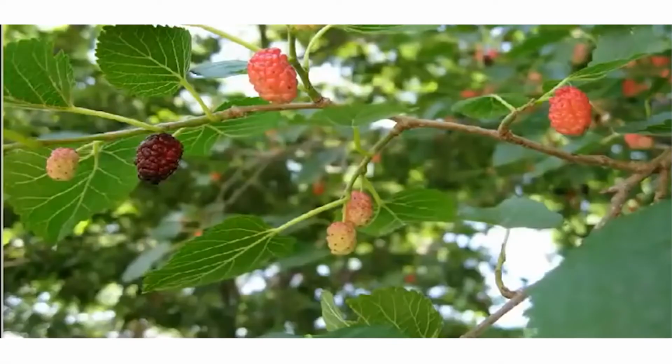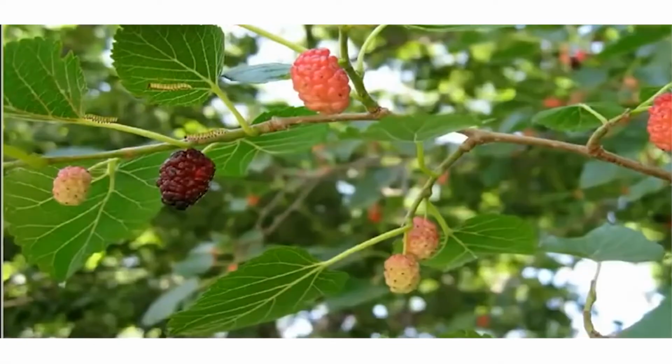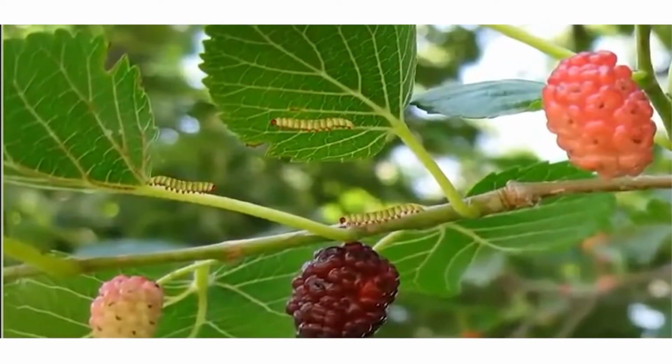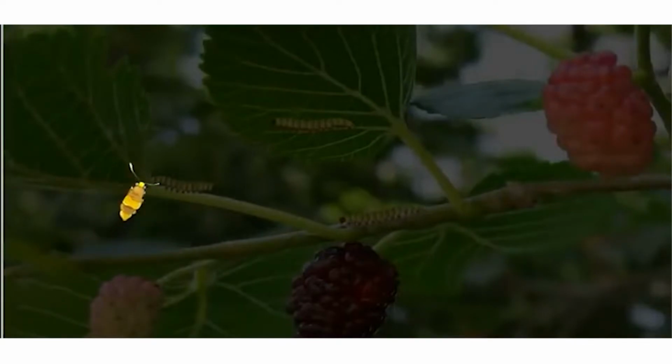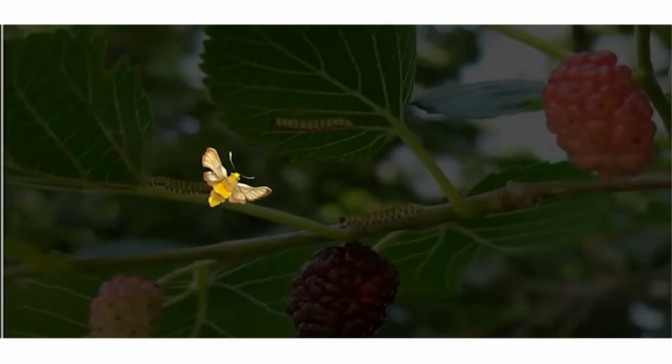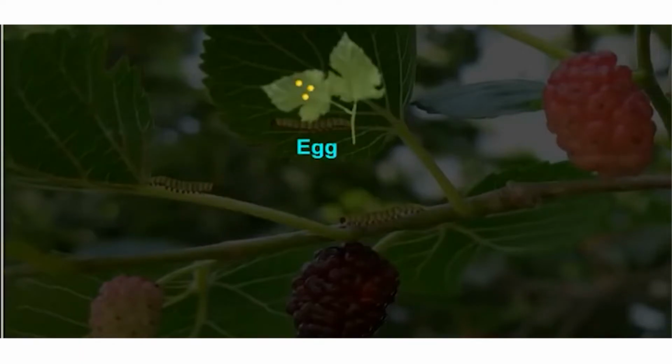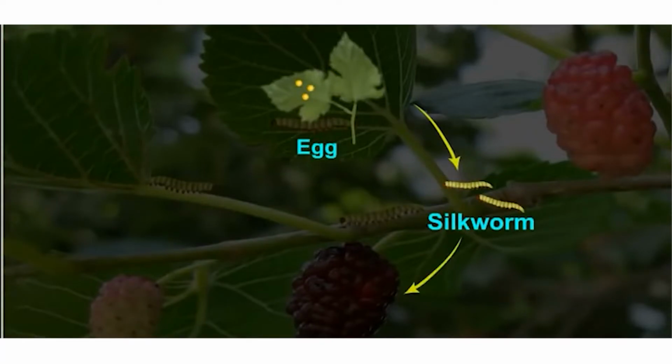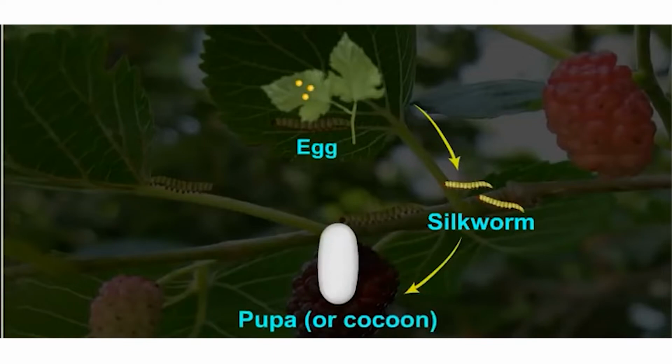Look at the slide. In this slide, I will show the life history of the silk moth. A male silk moth and a female silk moth. Both adult silk moths lay eggs on mulberry leaves.